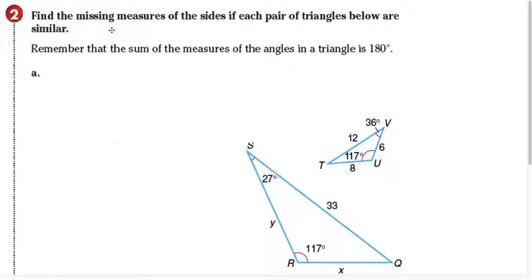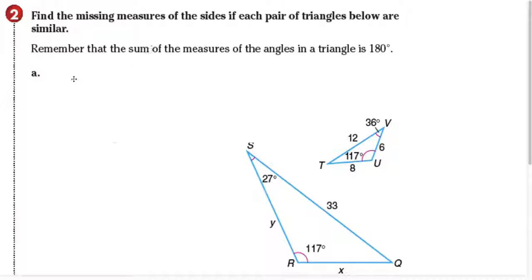We want to find the missing measures of the sides of each pair of them. So in this case, we are looking for y and we're looking for x. But we have two triangles that are similar, okay? And notice, you need to be able to identify your corresponding angles, because once you identify corresponding angles, you can identify your corresponding sides, okay?